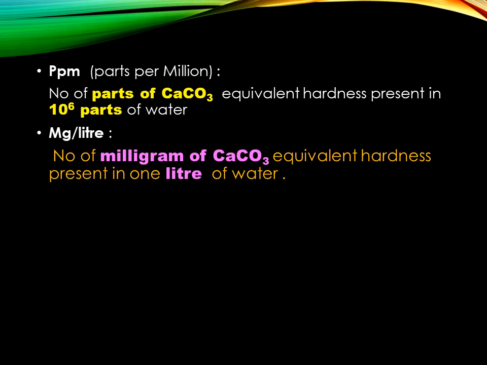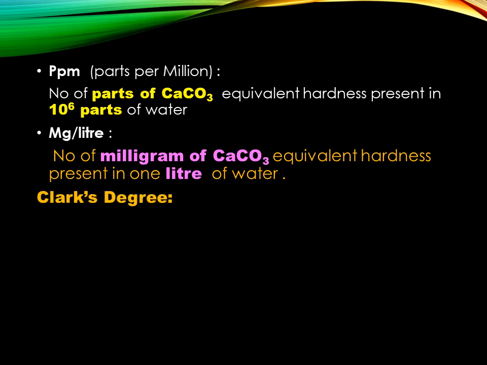Milligram per liter: the number of milligrams of calcium carbonate equivalent hardness present in 1 liter of water. Suppose 1 liter has 73 milligrams, then 73 milligram per liter is the answer.